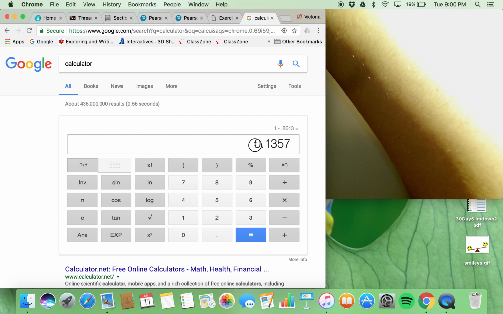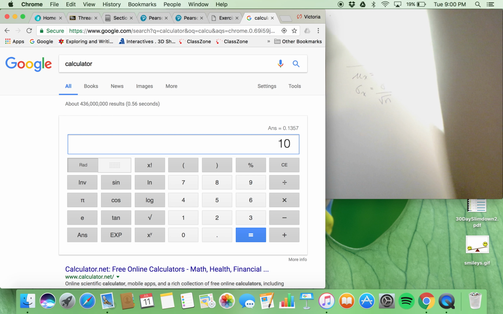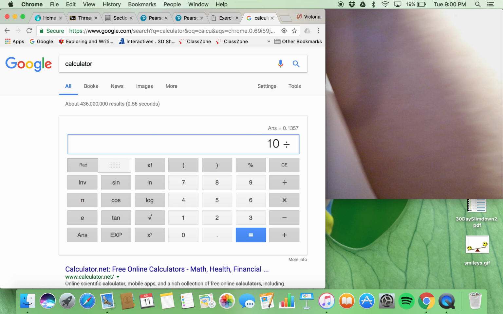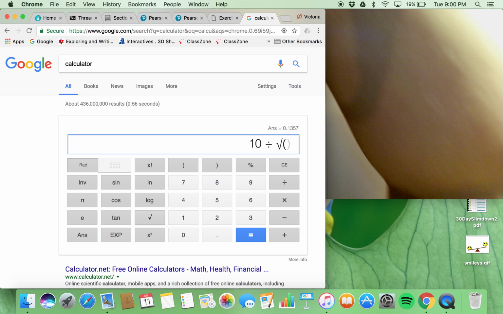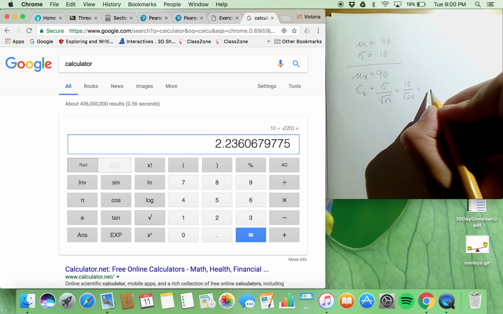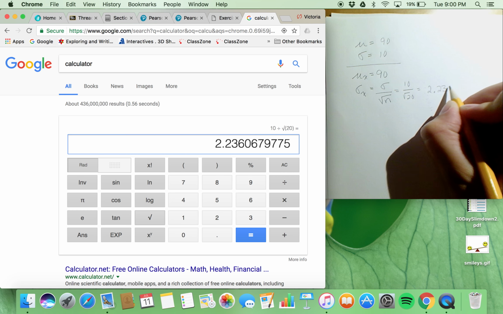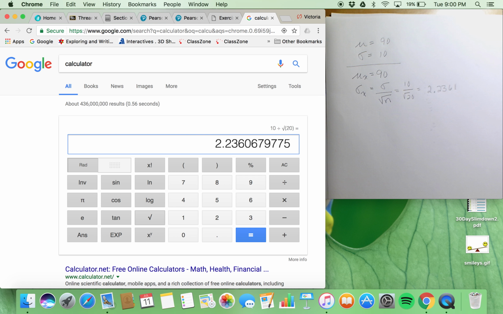It's going to be 10 divided by the square root of 20. And we get 2.236. We'll round it off to 4 decimal places, since I think the book likes that. We'll call it 2.2361. So there we have the mean and the standard deviation of the sampling distribution.